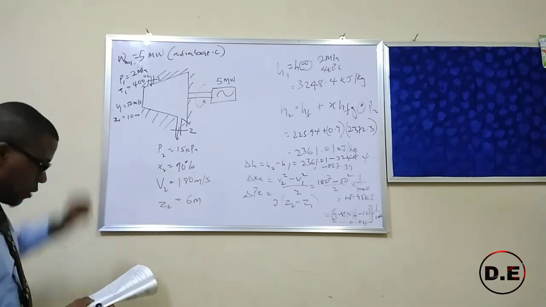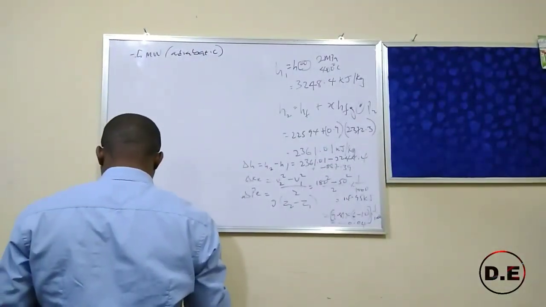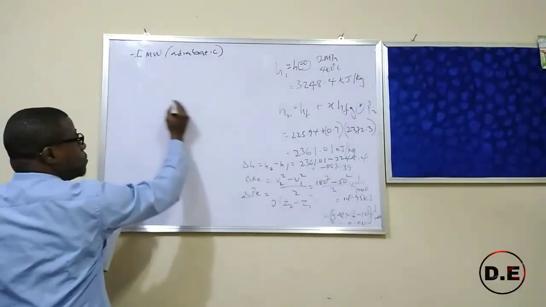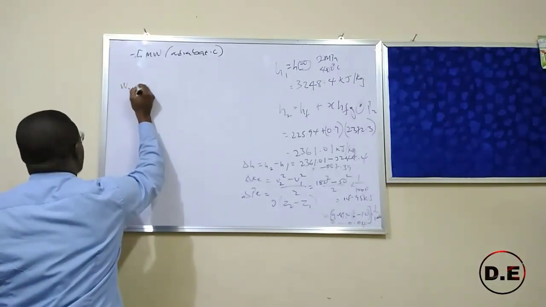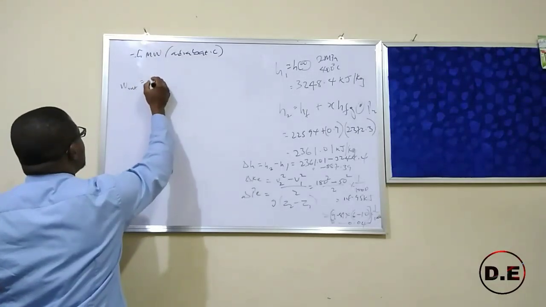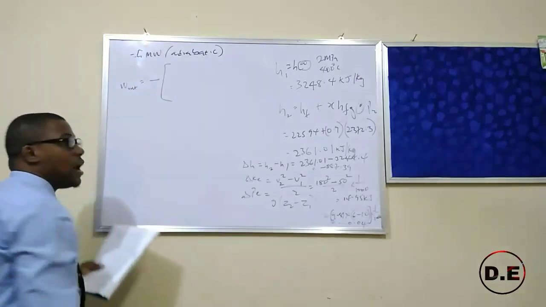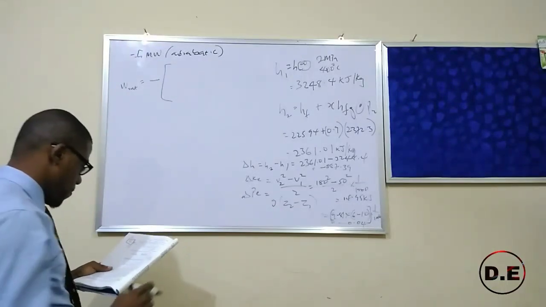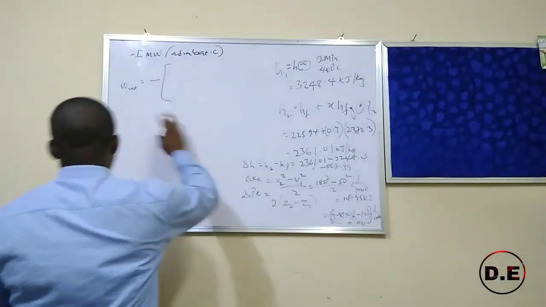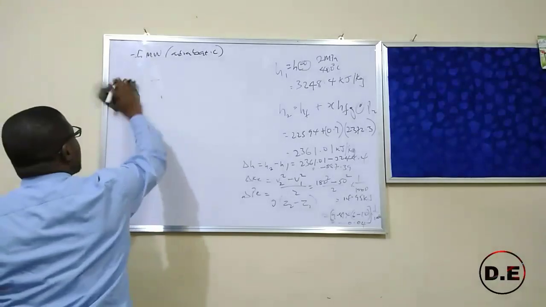So from the energy equation, we have the work output. Okay, let's derive this step by step.